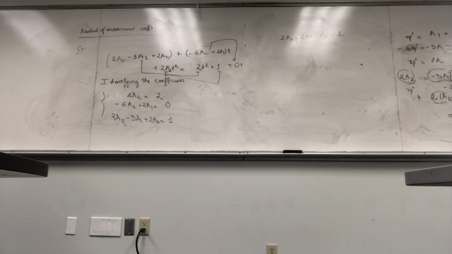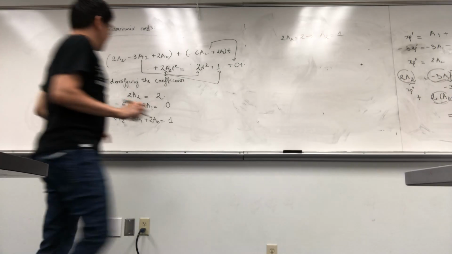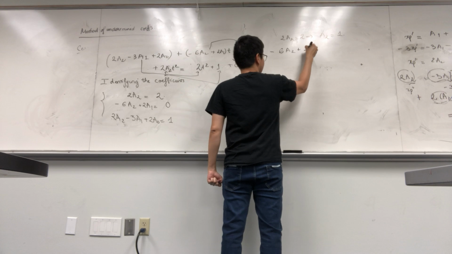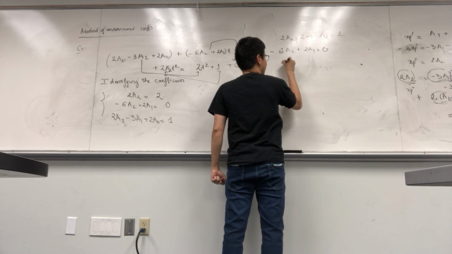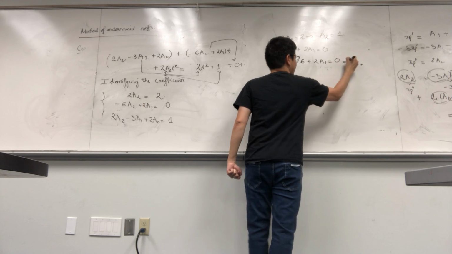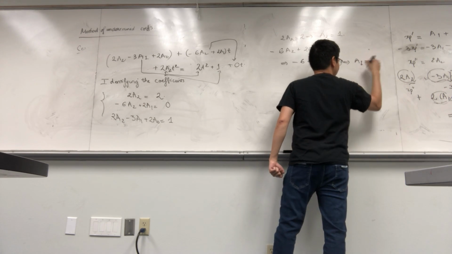And the next step? You can find a1 by plugging a2 equals 1 into minus 6a2 plus 2a1. So you have minus 6a2 plus 2a1 is 0, which means that minus 6 plus 2a1 is 0. So a1 is 3.